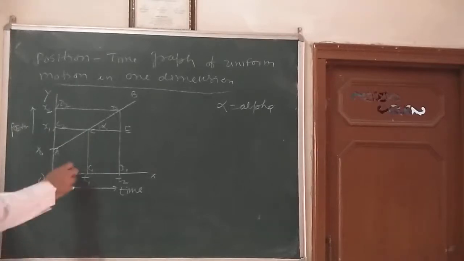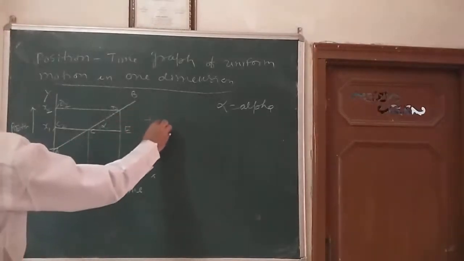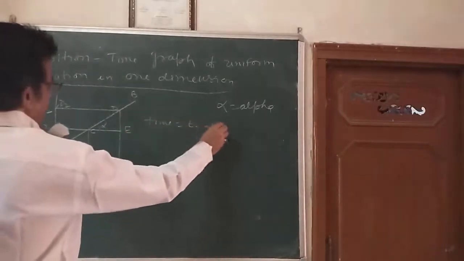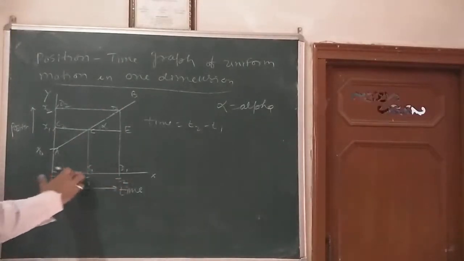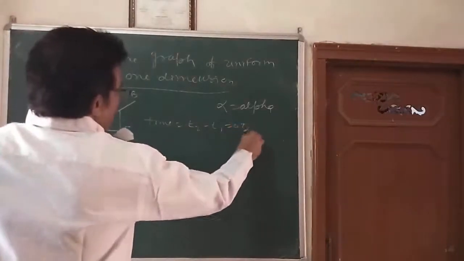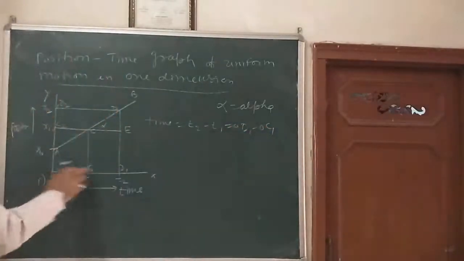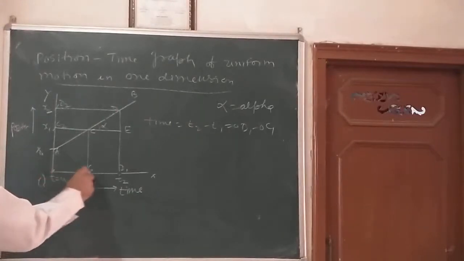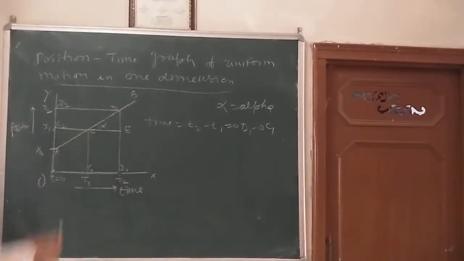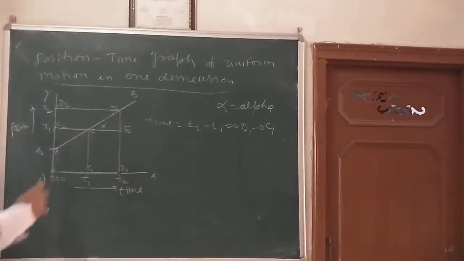So time here you can say, time that is T2 minus T1, time interval from here to here. T2 minus T1 that is equal to OD1 minus OC1, this is OD1 and this is OC1.